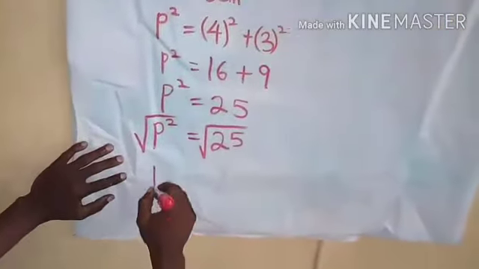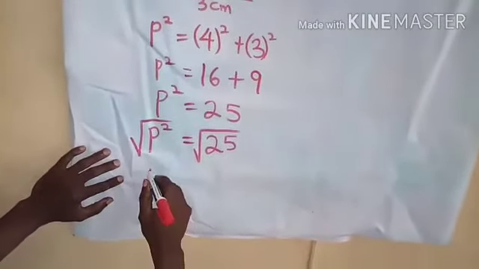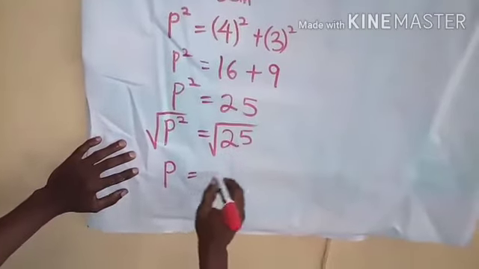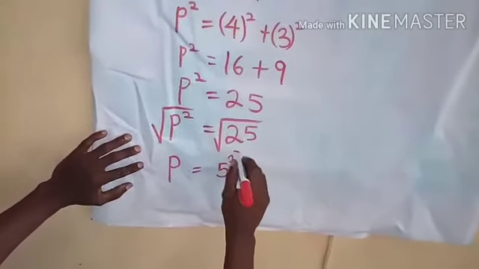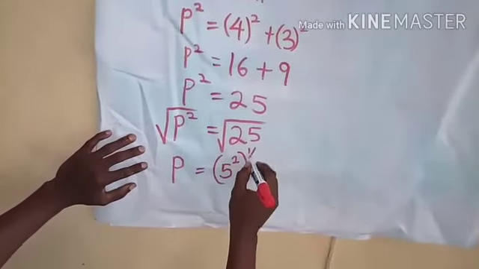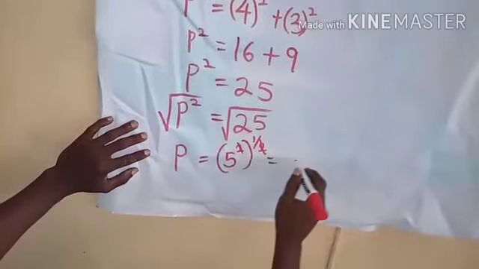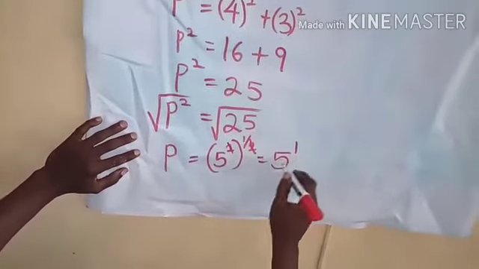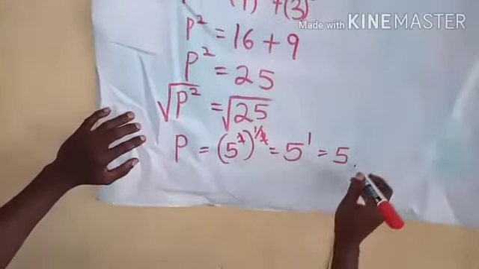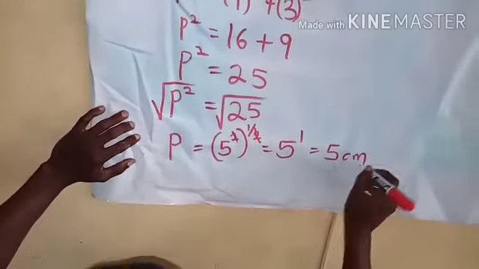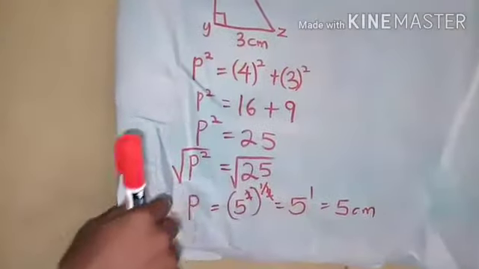We cancel out the square and it remains P. Then 25 is the same as 5 raised to power 2, so cancelling gives us 5 raised to power 1, which is 5. So P equals 5 centimeters using the Pythagoras theorem method.